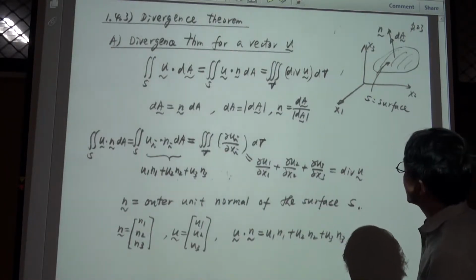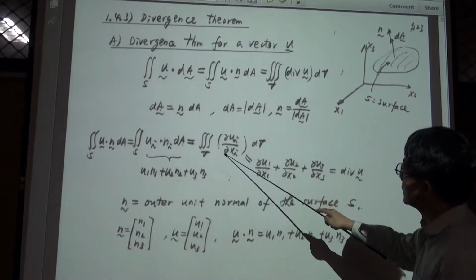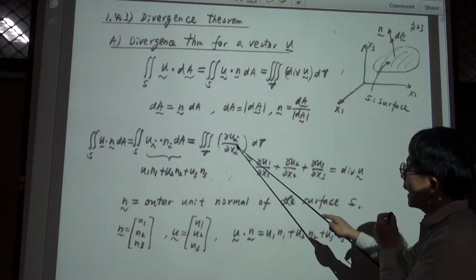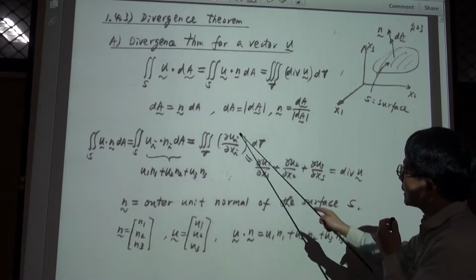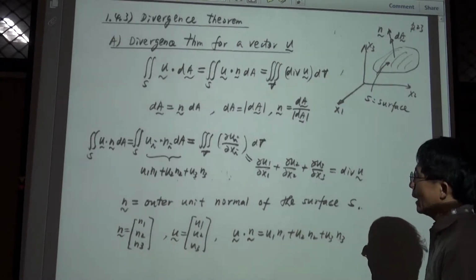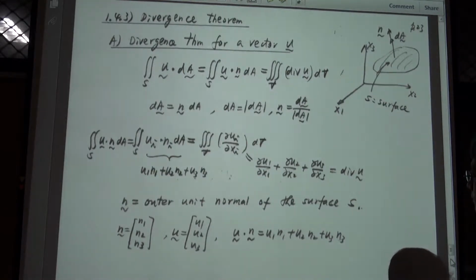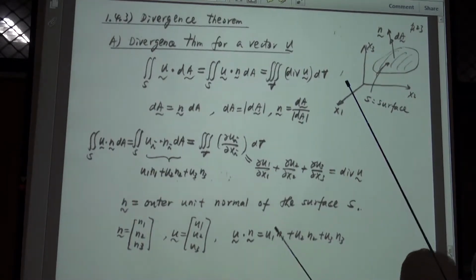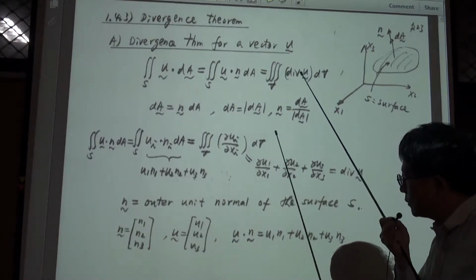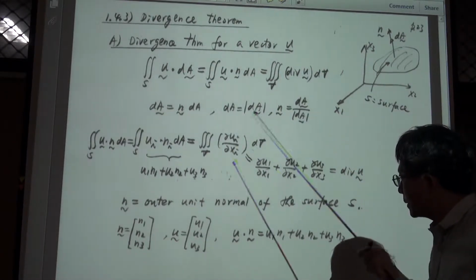And then this divergence term can be expressed as partial ui, partial xi. Since i is repeating, we sum this term over 1 to 3. Okay, this is the traditional notation for the vectors and the inner products.